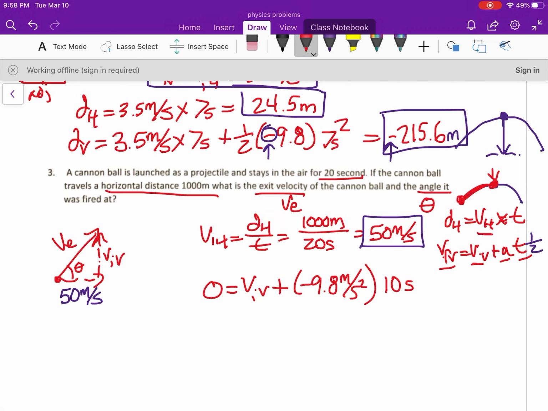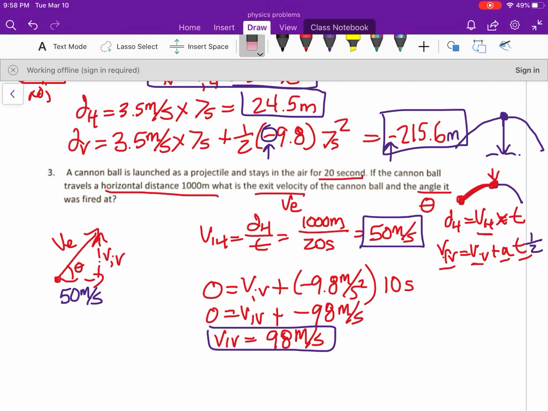So I want to use 10 seconds. So when I go to solve this, I get 0 equals VIV plus negative 98 meters per second. And then I add 98 to both sides, and I get VIV equals positive 98 meters per second. And so again, I can just go ahead and throw that over here, 98 meters per second.